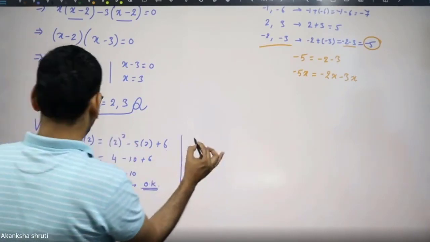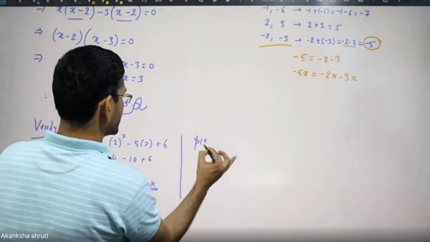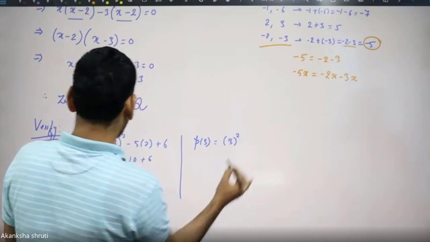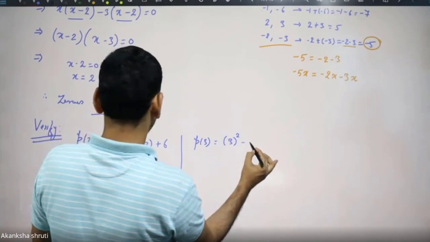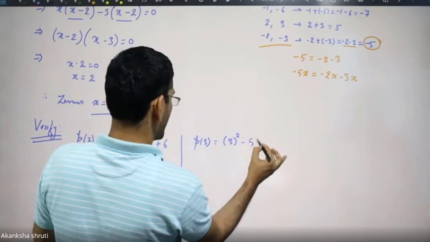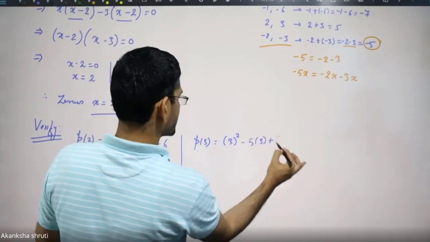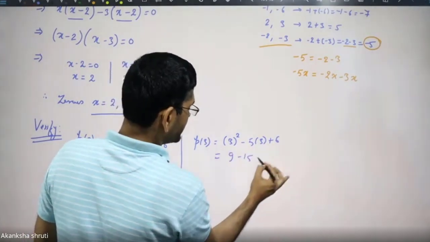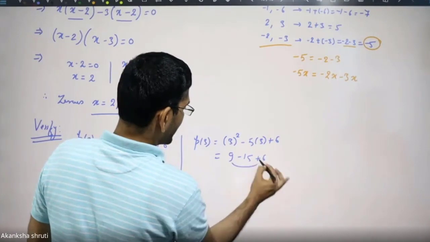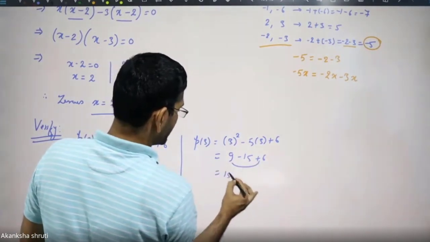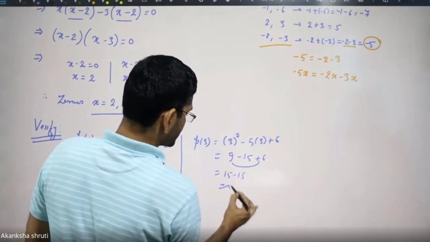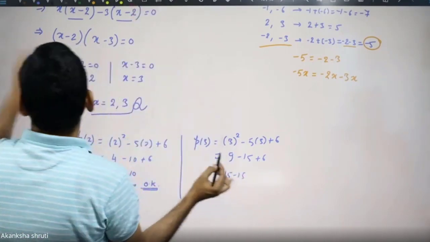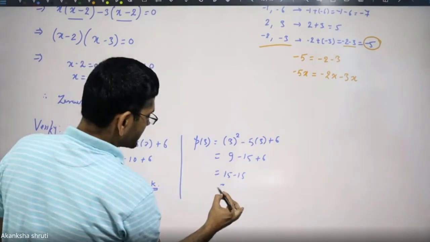Even the second can also be verified whether 3 is our correct answer or not. So it becomes 3 square minus of 5 into 3 plus of 6. 3 3s are 9. 5 3s are 15 plus of 6. Adding these two, it is 15 minus 15. This is 0. Okay. So it's a very simple thing that we have learned.